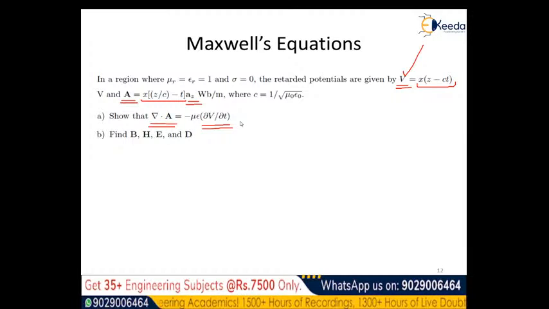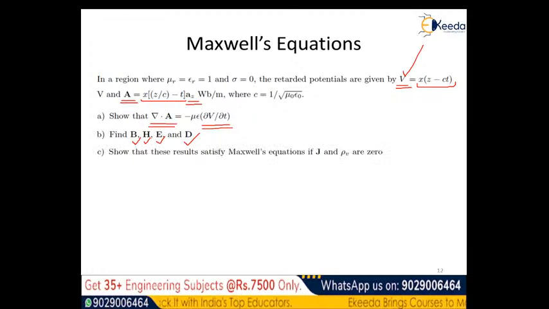In part B, we are asked to find the expressions for capital B, the magnetic flux density, capital H, the magnetic field intensity, capital E, the electric field intensity, and capital D, the electric flux density. And in part C, we are asked to show that these results satisfy Maxwell's equations if capital J and rho V are equal to 0.